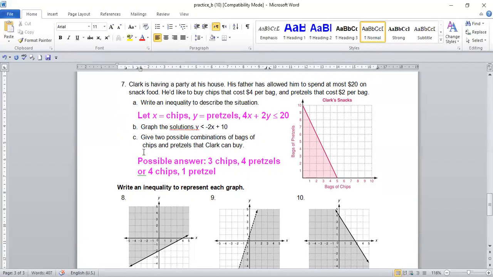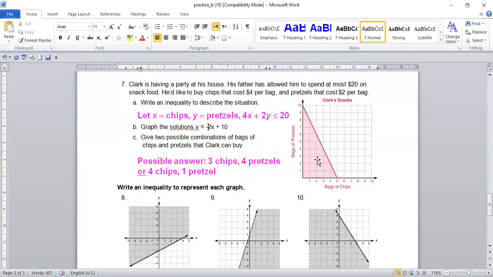Okay, now the part C, give two possible combinations of bags of chips and pretzels that Clark can buy. Now, you can give any coordinate which is in this part. So for example, if I say 2 bags of chips, I will go along 2 until I touch the line and check how many pretzels he can buy.